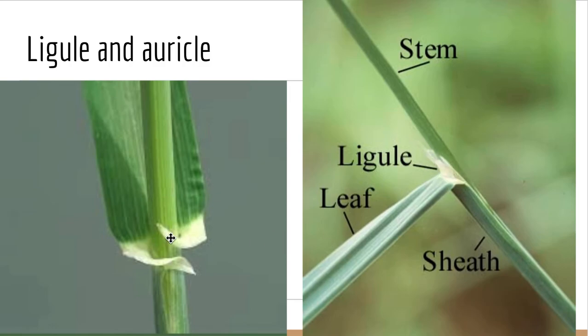You can see how it differs from the auricle, because this is attached to the sheath and this is also attached to the sheath. However, this wraps around compared to this. This ligule can get a lot more damaged than the auricle, unfortunately, and the ligule is really key in helping identify grasses.